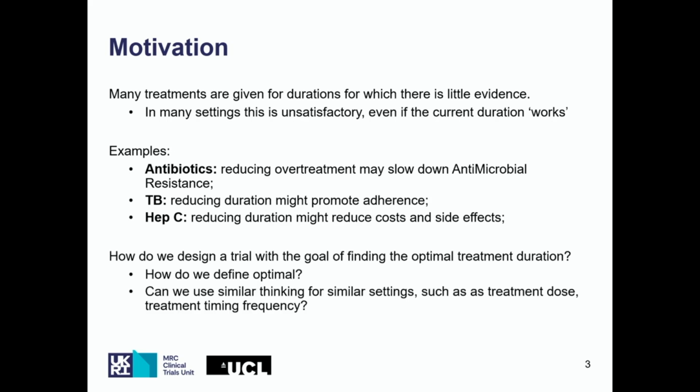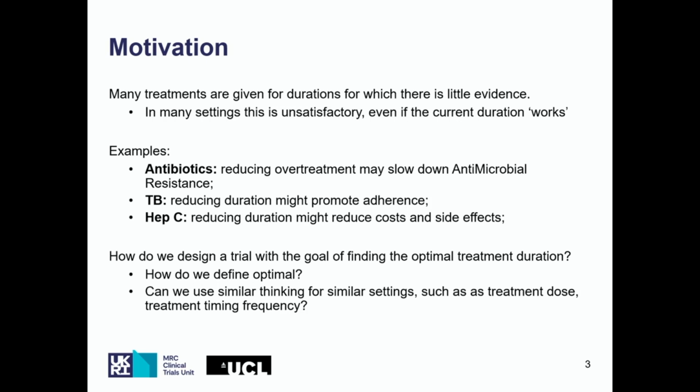So the question is, how can we move beyond current thinking and design trials which can really optimize our chance of finding the optimal treatment duration? What, in fact, does optimal mean?